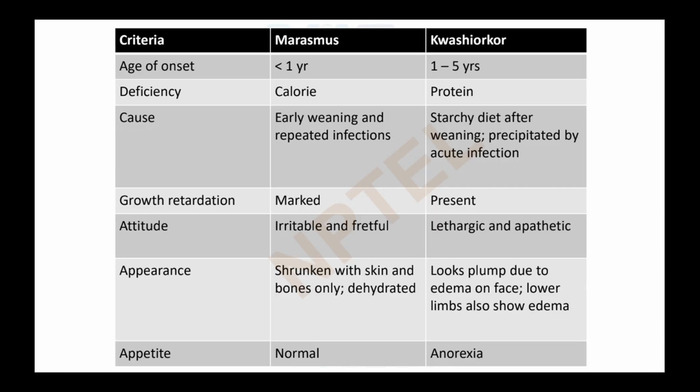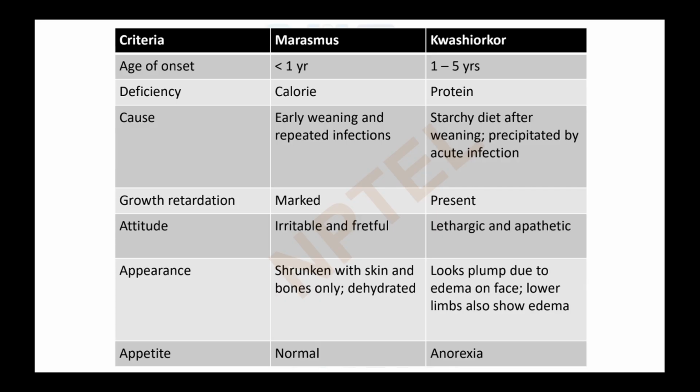Edema is basically liquid accumulation. The lower limbs also show edema. The body looks swollen due to fluid accumulation. It's not fats that are accumulating, it's due to the edema. The body looks plump. Okay.